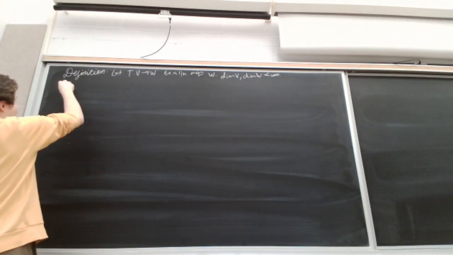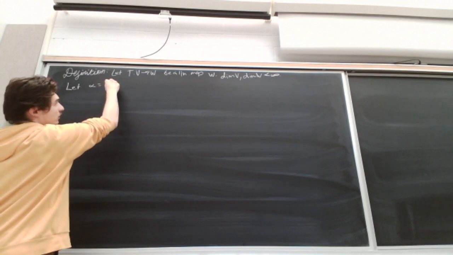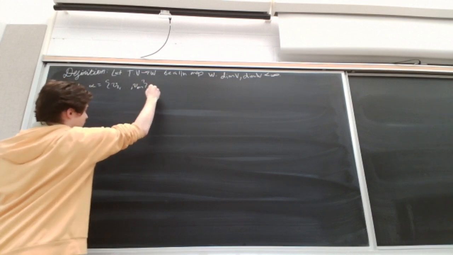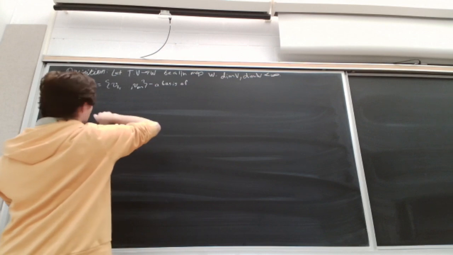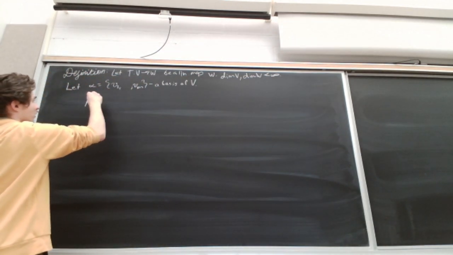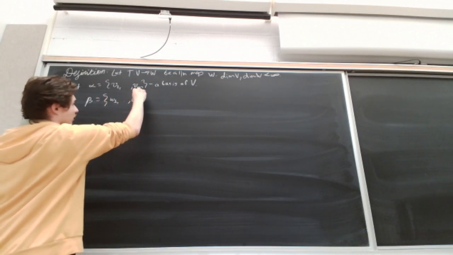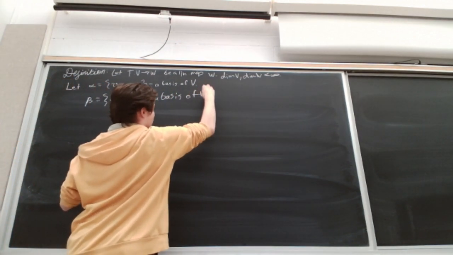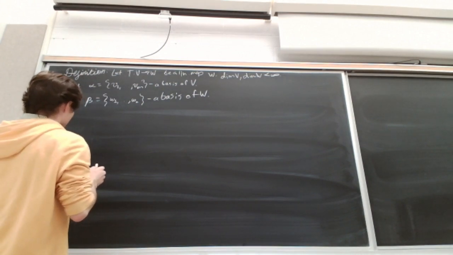Then let alpha, some vectors v1 up to vm, be a basis of V. Let beta, say w1 up to wn, be a basis of W.